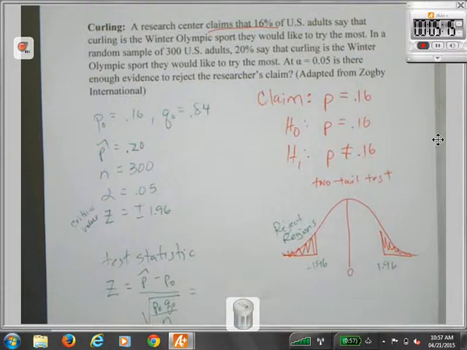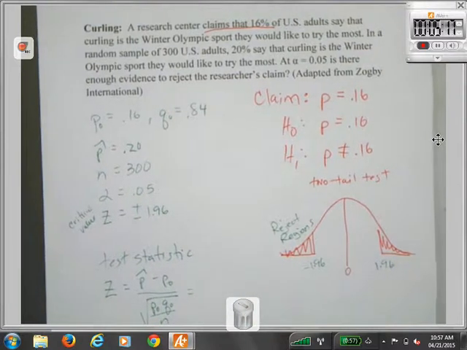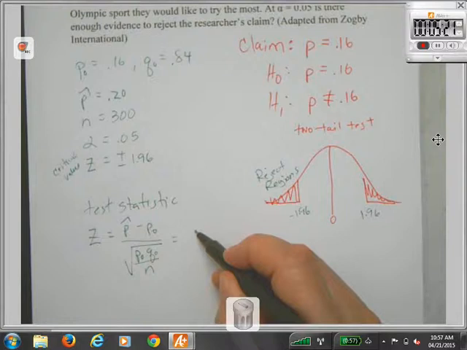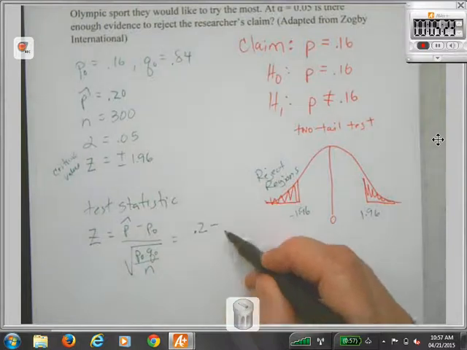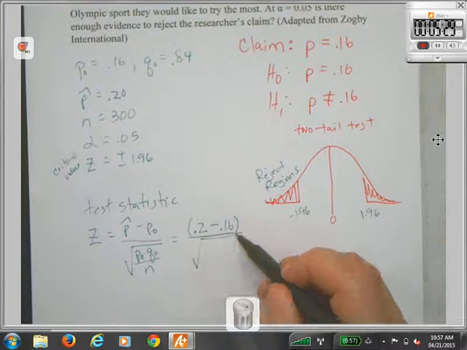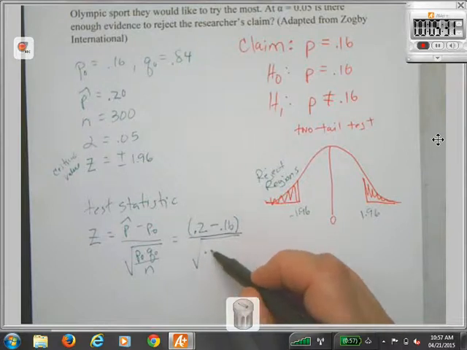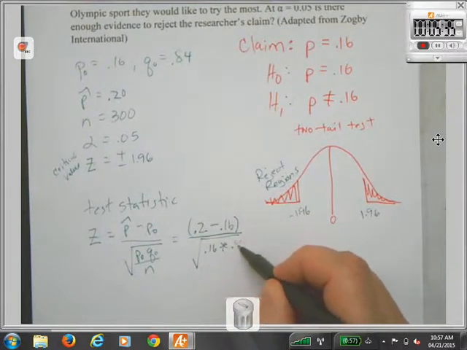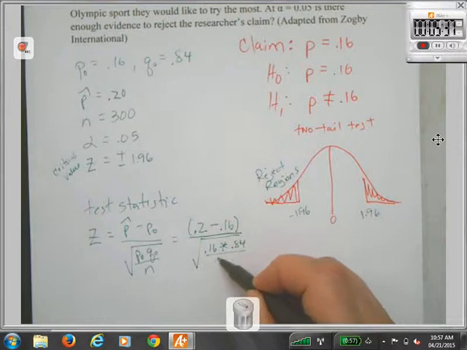So filling in all of that important information, P hat from our list is 0.2 minus 0.16. Again, I suggest you put it in parentheses for the calculator use. Square root of 0.16 times 0.84 divided by 300.